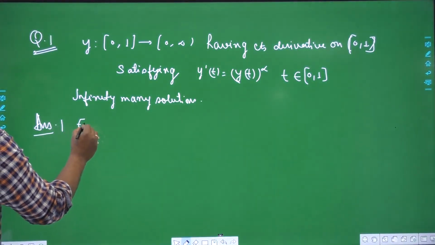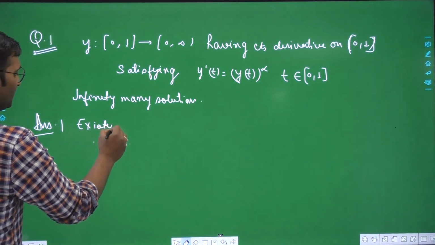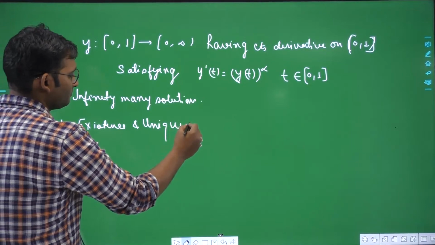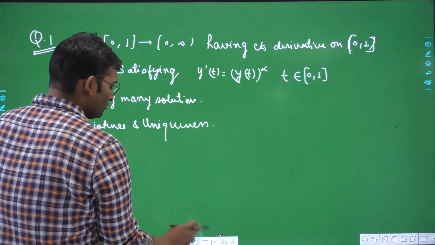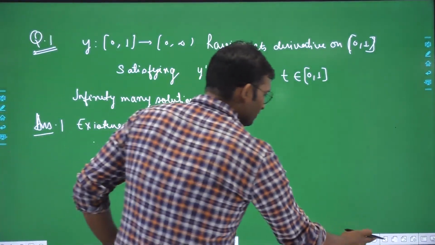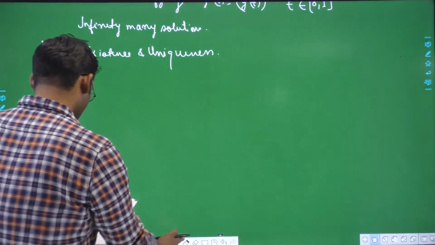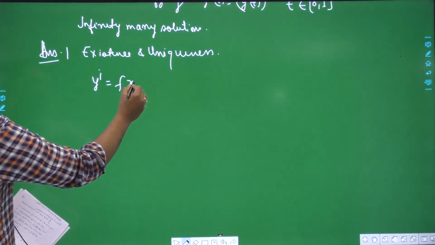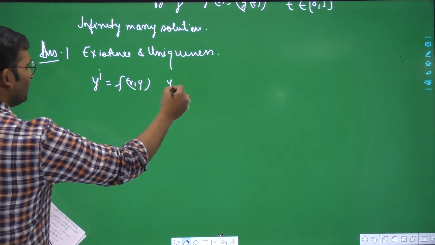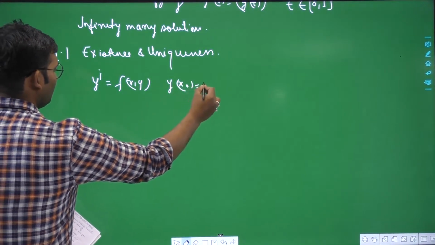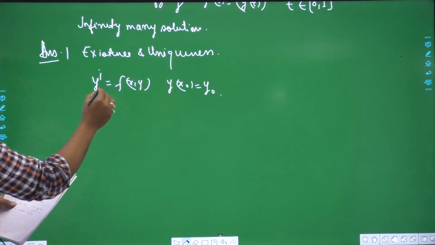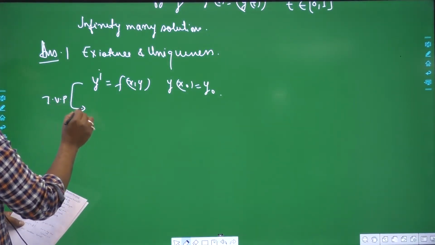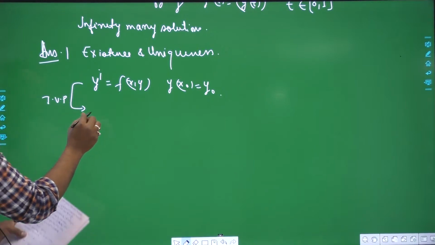Existence and uniqueness theorem. If I'm giving you an IVP, say y' = f(x, y) such that y(x0) = y0, then for this particular IVP, in order to have a single, unique solution, what are the conditions?